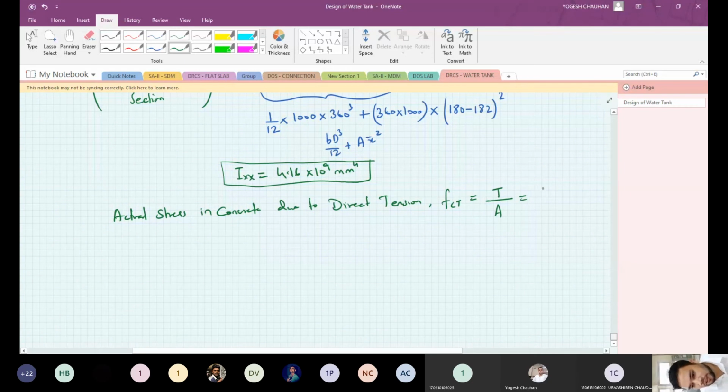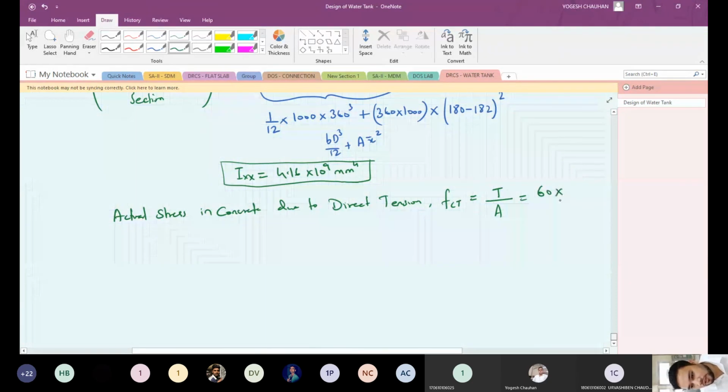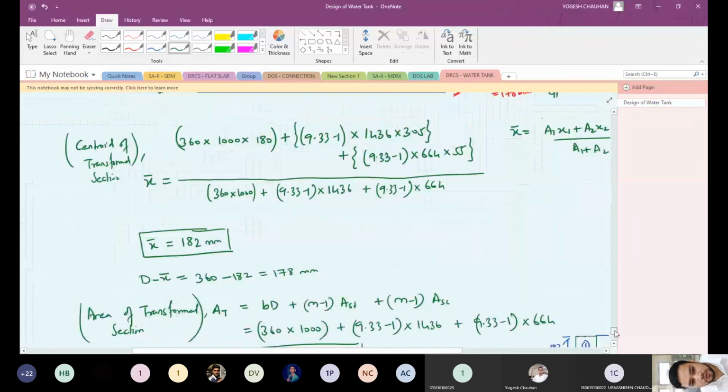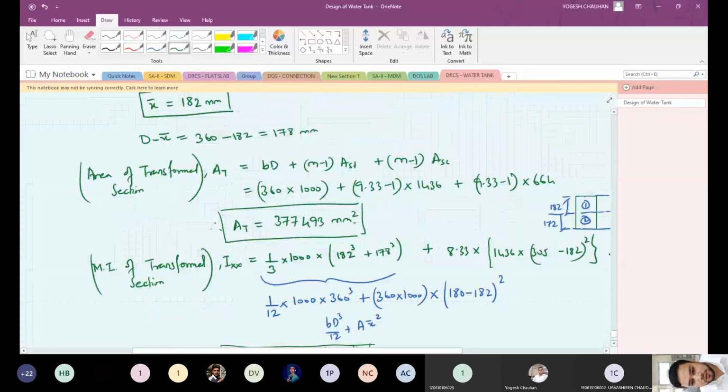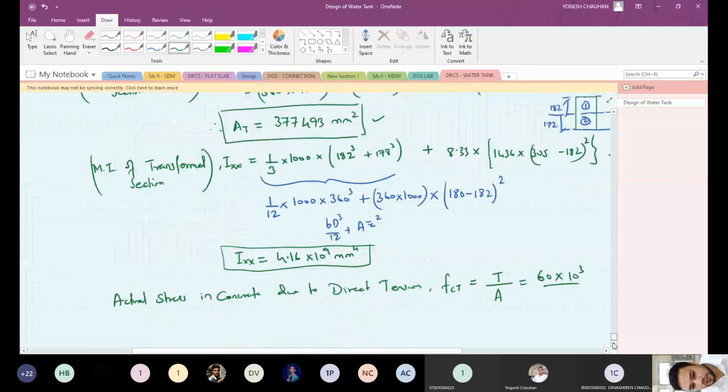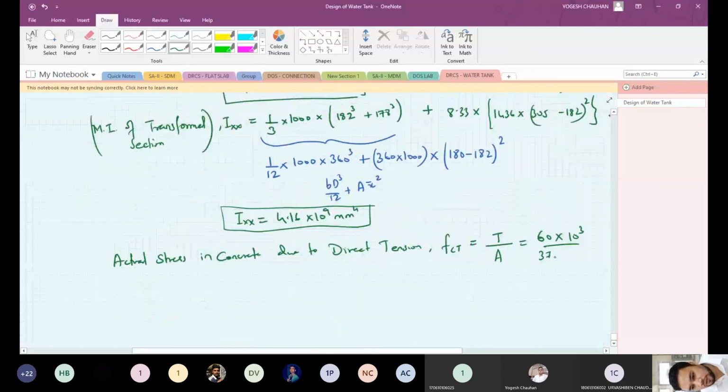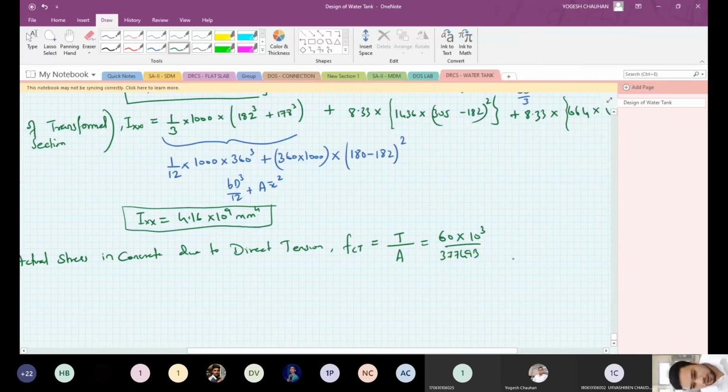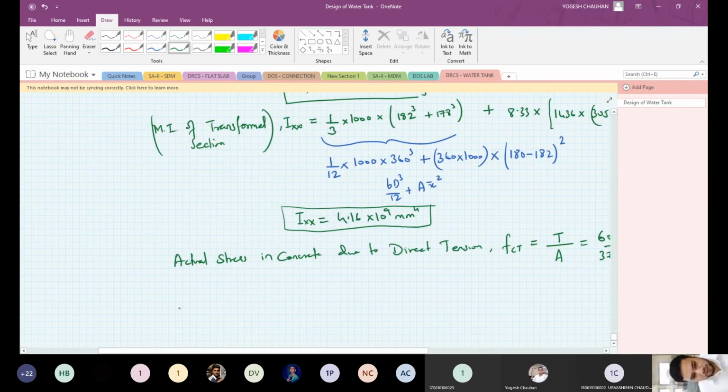So T is 60 into 10 to the power 3 divided by the transformed area, that is 377,493. So this will be 0.159 Newton per mm square.